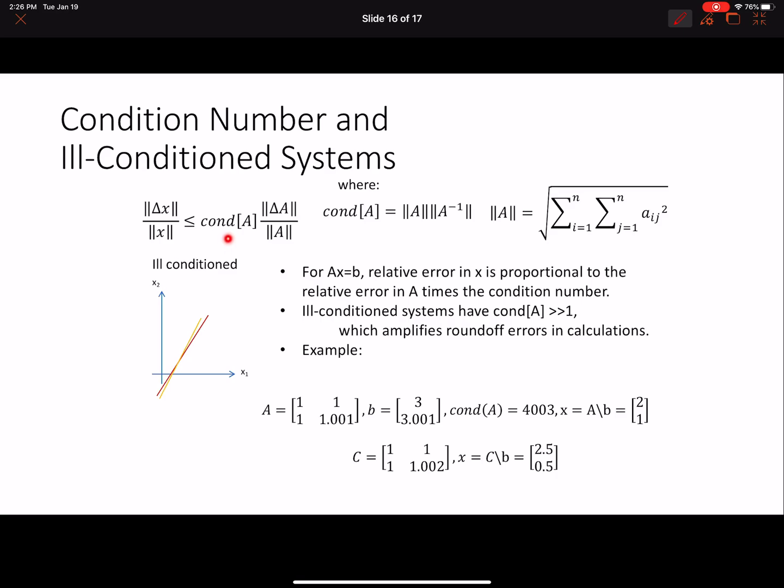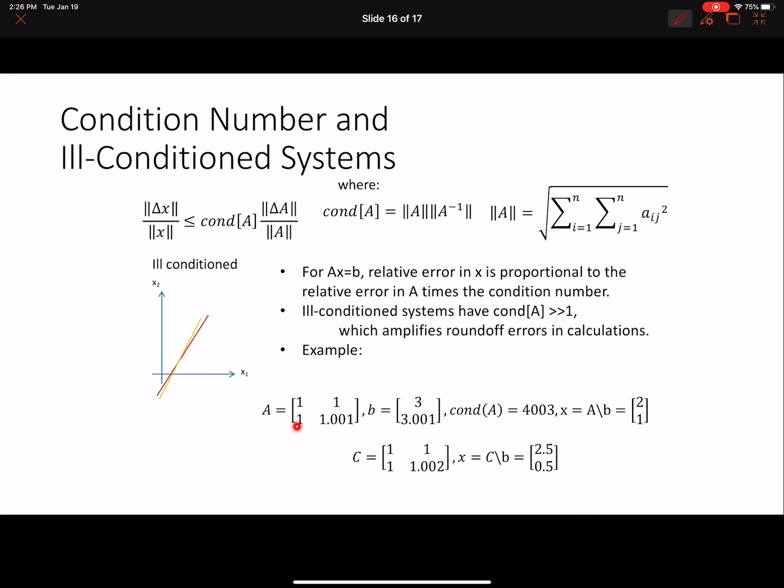The condition number is defined as the multiplication of two matrix norms: the norm of the original matrix describing the linear system, as well as the norm of the inverse of that matrix. Systems that are difficult to solve, where the lines are close to being parallel, have condition numbers that are much larger than 1, and they indicate again that these lines are close to being parallel.